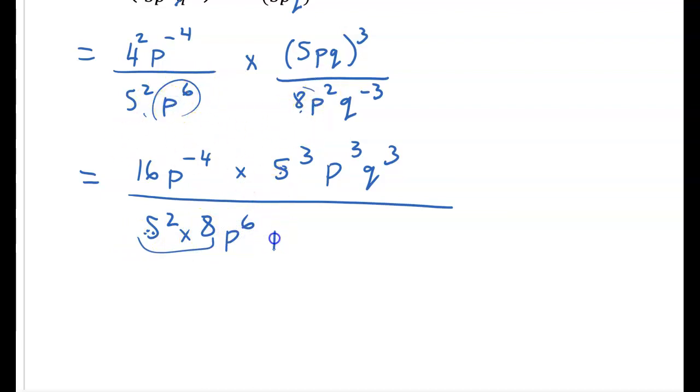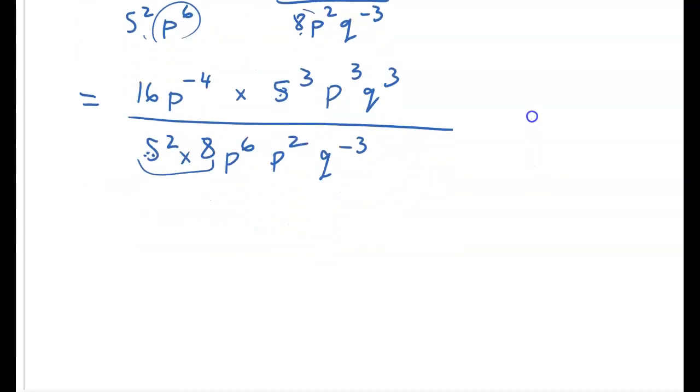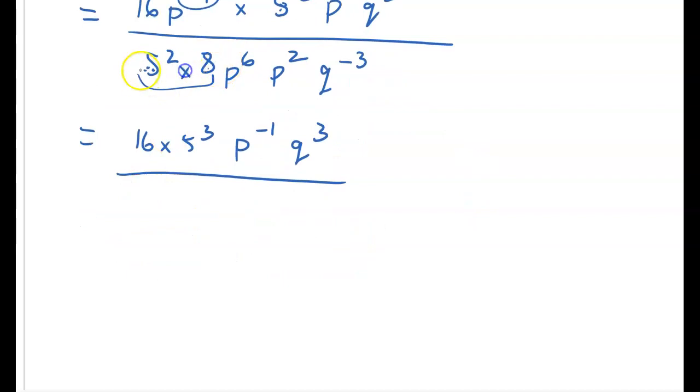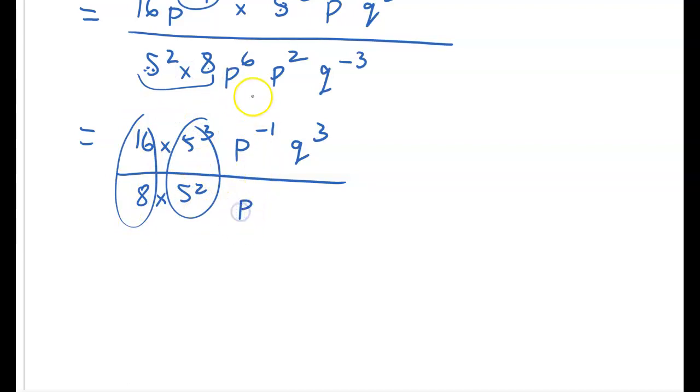Then p to the 6, we've got a p squared, and times by q to the negative 3. So now I would just simplify my numerator, 16 times 5 cubed, p to the negative 4, p cubed, so that's p to the negative 1, q cubed, and then in the denominator, I'm going to stick with the 8 and 5 squared, but I'll just swap the order so we can line these up. p to the power of 6 times p squared should be p to the power of 8, and then this is q to the negative 3.